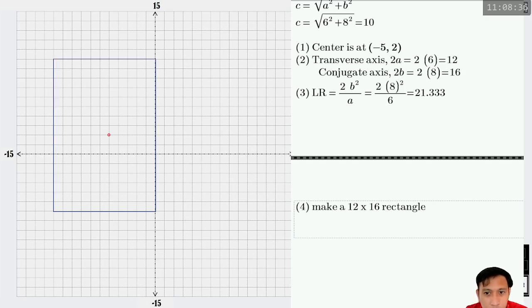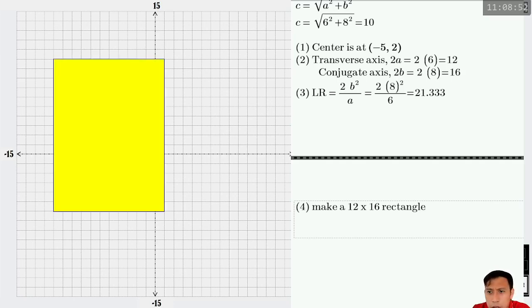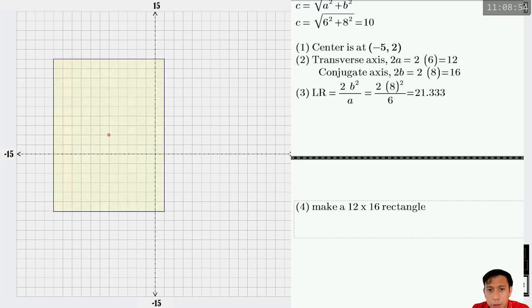We can add a little color with transparency of 90%. Just make sure the dimension is equal to 2a.